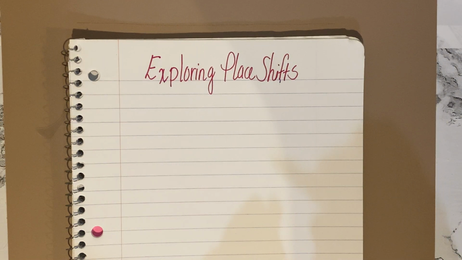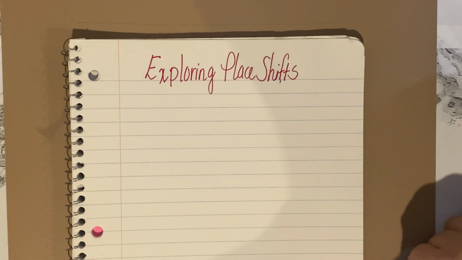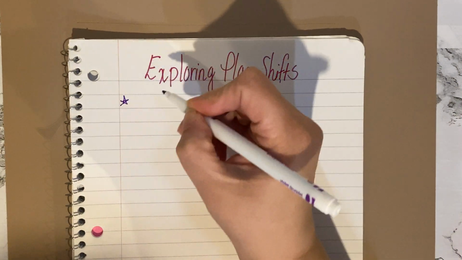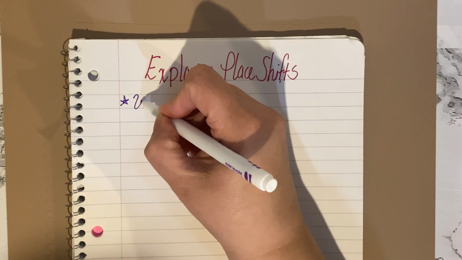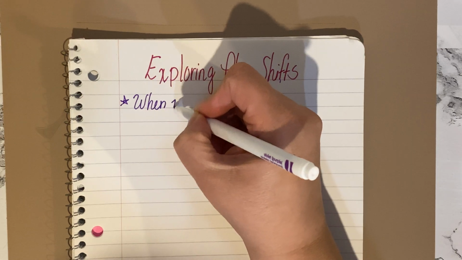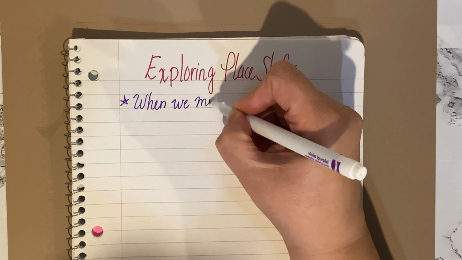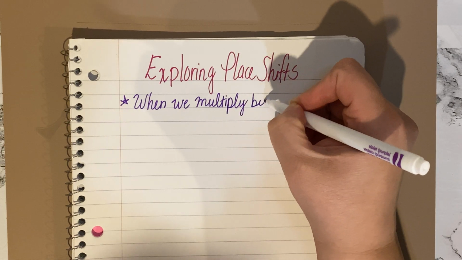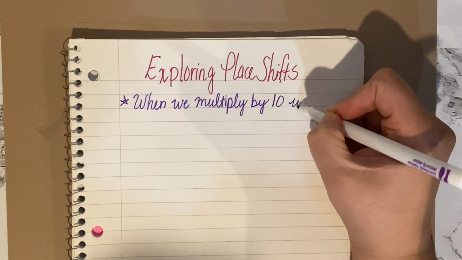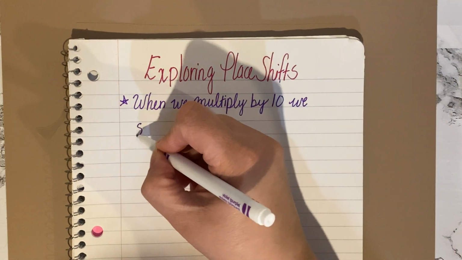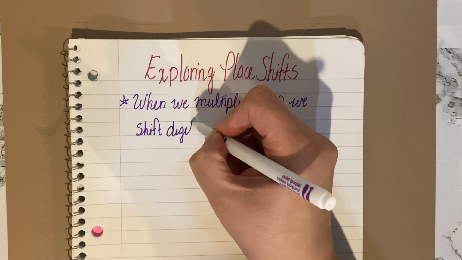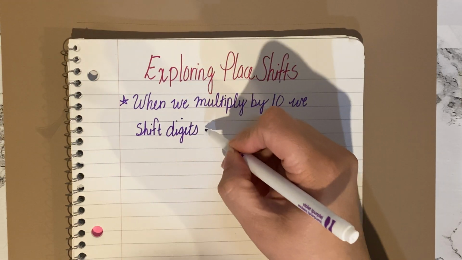When you're multiplying, we're going to talk about multiplying by powers of 10. So 10, 100, thousands. The really important thing to remember is that when we multiply by 10, we shift digits one place to the left.